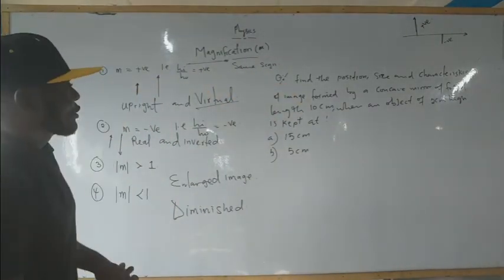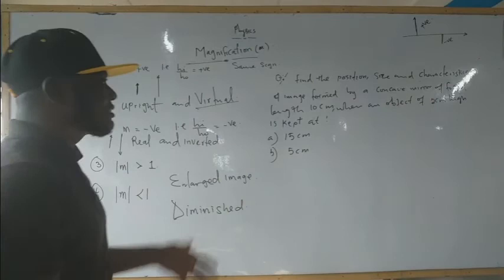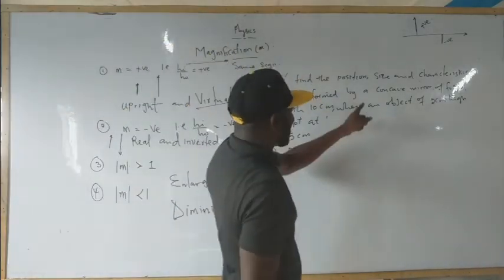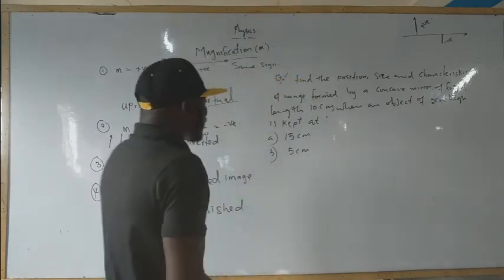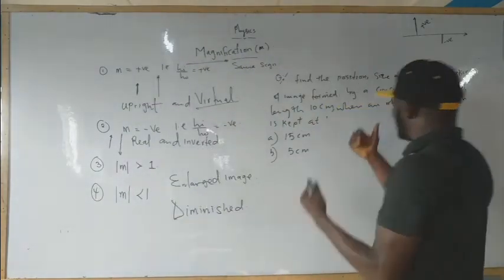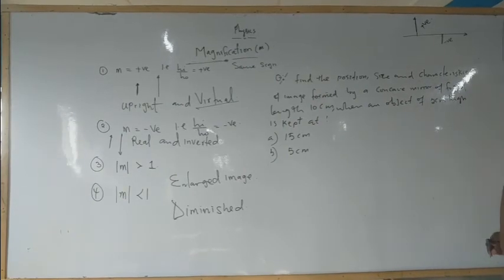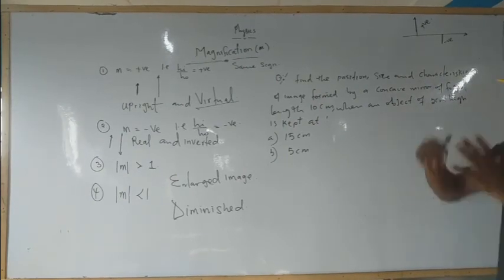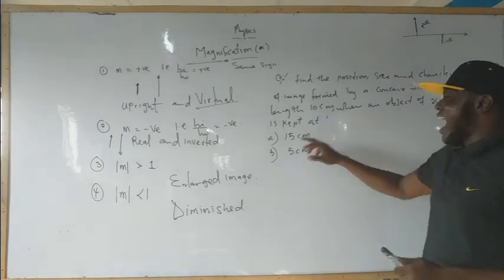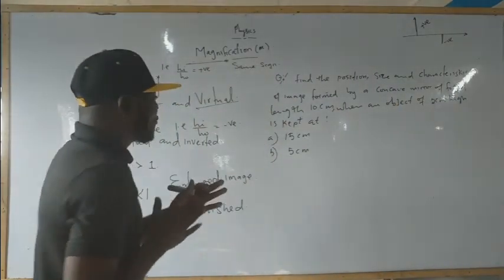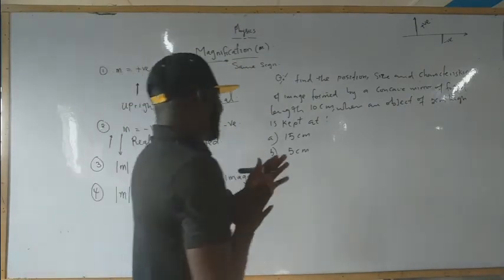Okay, look at the question. Find the position, size, and characteristics of the image formed by a concave mirror of focal length 10 centimeter when an object of 2 centimeter high is kept at A, 15 centimeter and B, 5 centimeter.